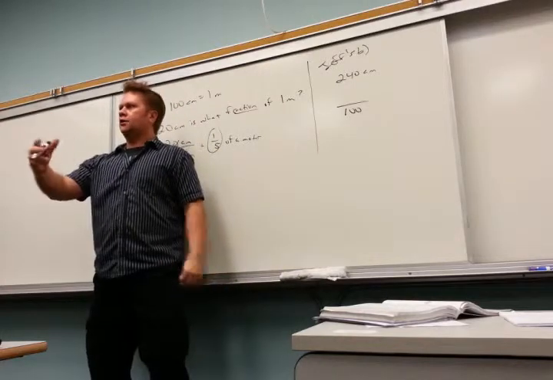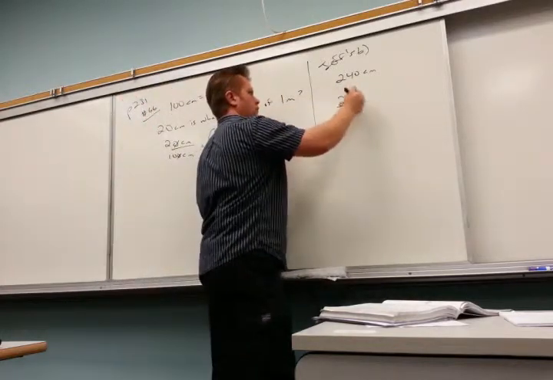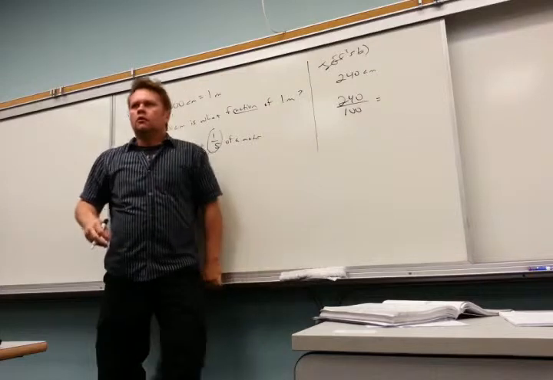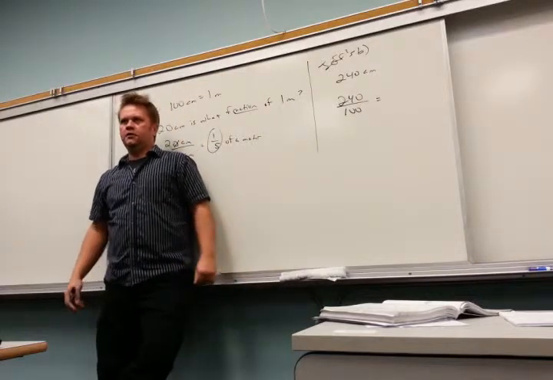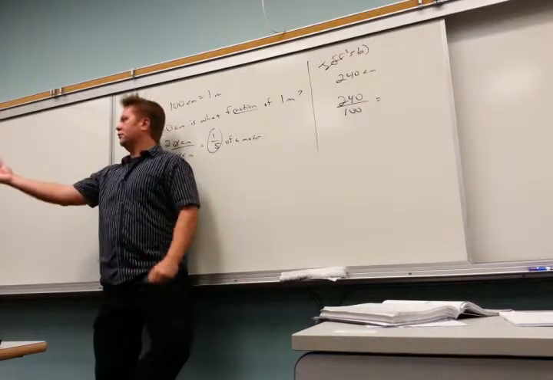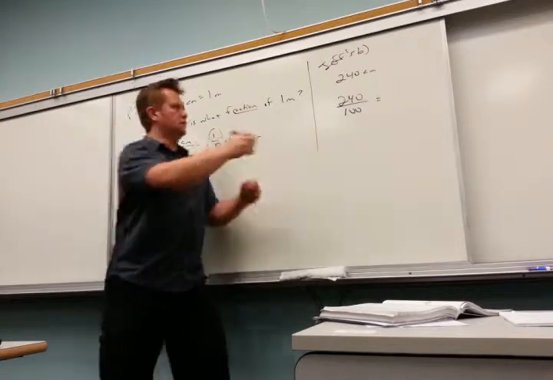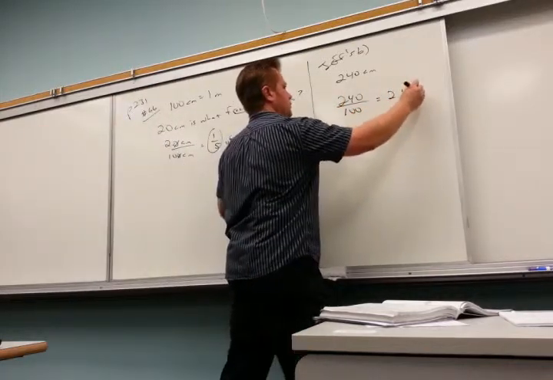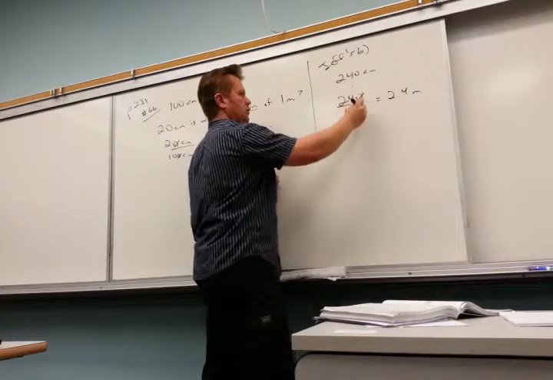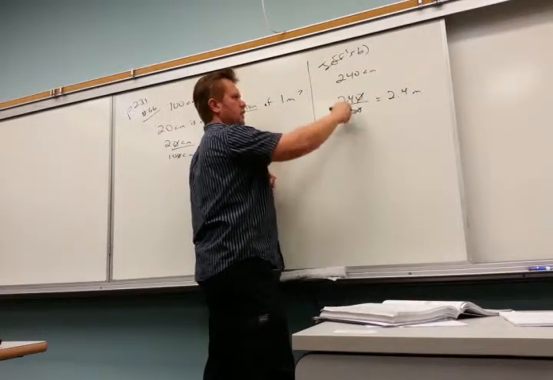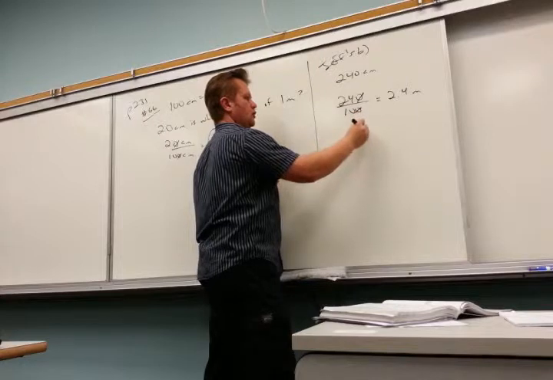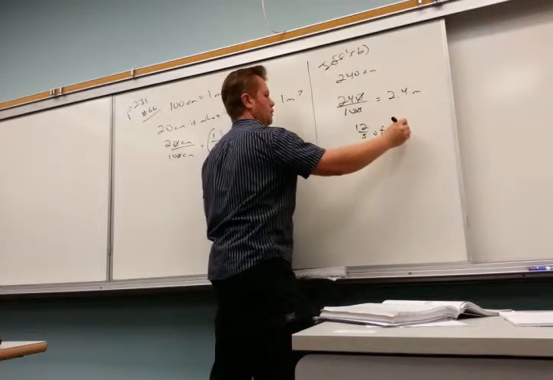Out of 100, how many do I have? 240. Yeah, 2.4 is one way to write that, or you can reduce it. So you can either say that's 2.4 meters, or you can start to reduce it. Divide both of those by 2, and you get 12/5 of a meter.